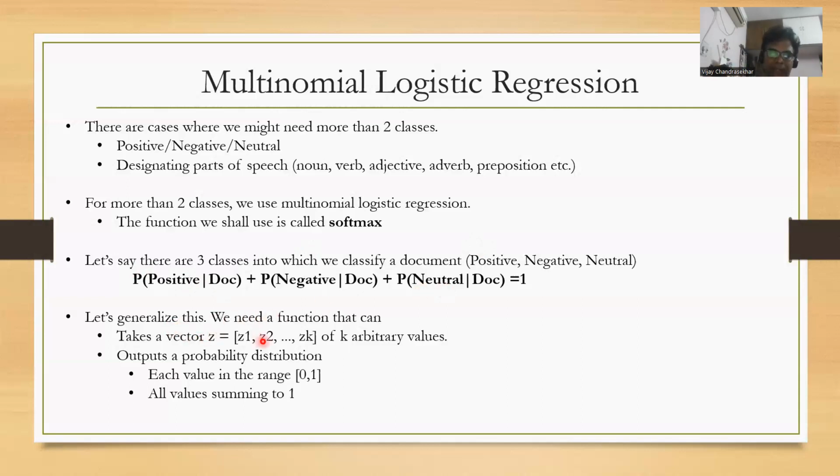So let's take a vector z comprising k arbitrary values, z1, z2, all the way up to zk. So for example, z1 could be noun, z2 could be verb, z3 could be adjective, z4 could be adverb, z5 could be preposition. We need a nice looking function which has to do the following. It has to figure out a probability distribution.